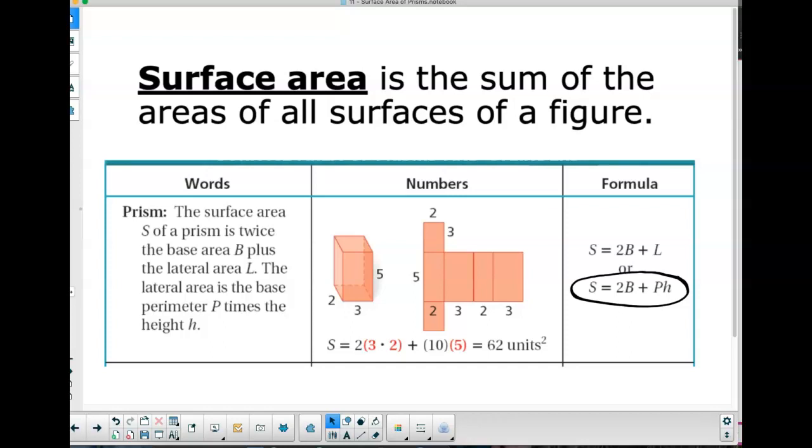Okay? So we're going to ignore the fact that there's this formula, and we're going to look at it this way. If I take this prism, and I were to open it up, what shapes is this made out of? Okay, right, everybody agree? Let me open it without breaking it.